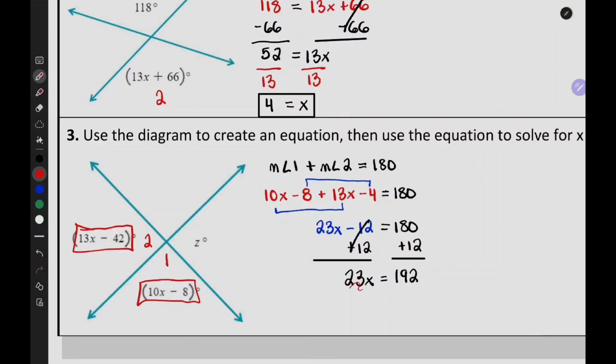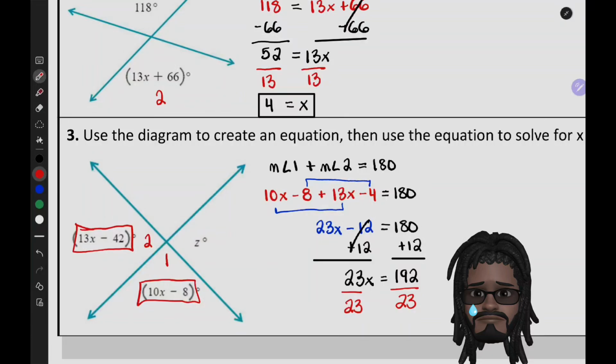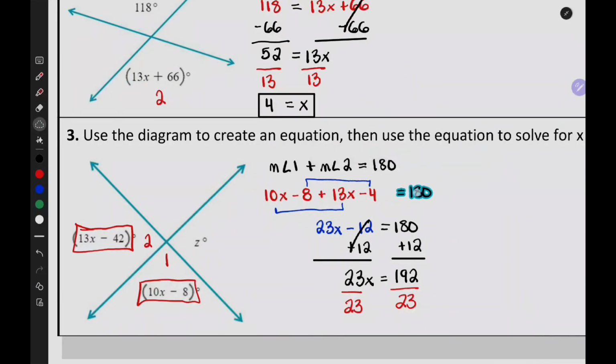And finally, we divide both sides by 23 to get that x is equal to, oops, that's 13x minus 42, not 13x minus 4. So that's going to change things up a bit for us.